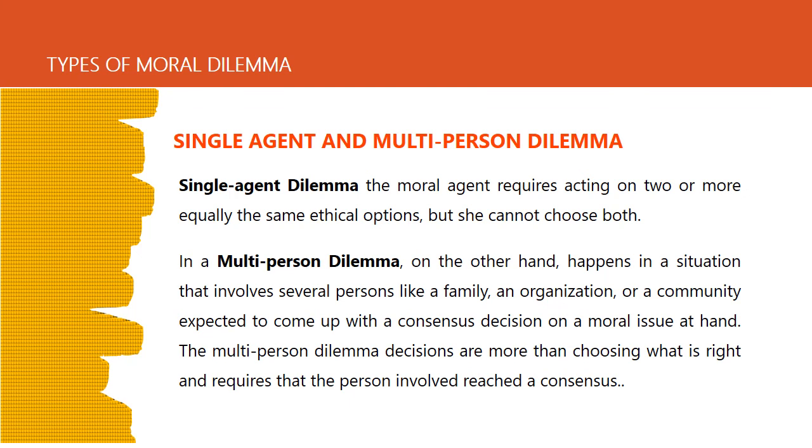Multi-person dilemma decisions are more than choosing what is right and require that the persons involved reach a consensus. For example, the GCQ lockdown includes entire communities coming up with a consensus decision.